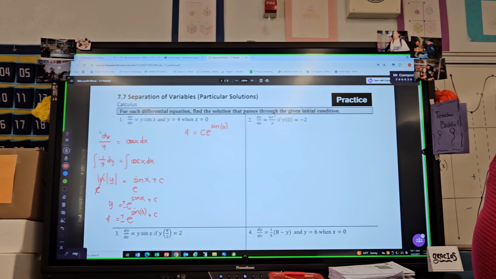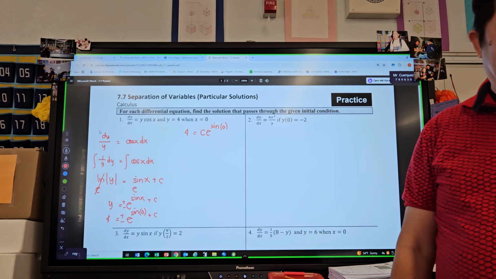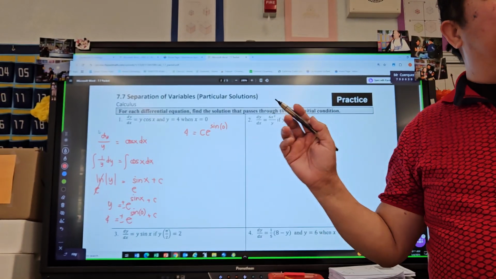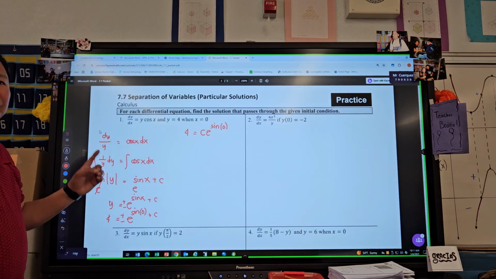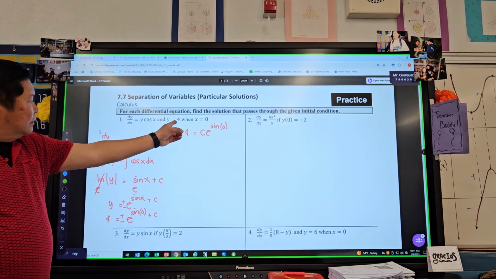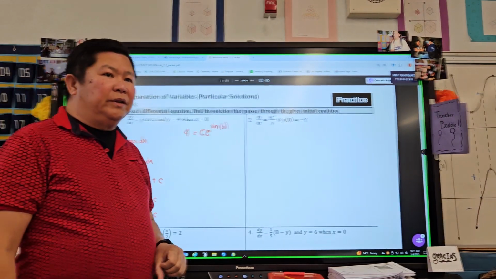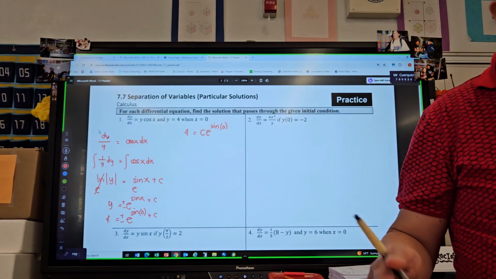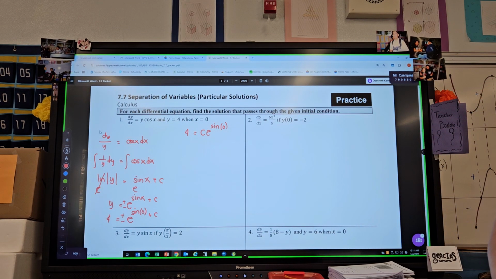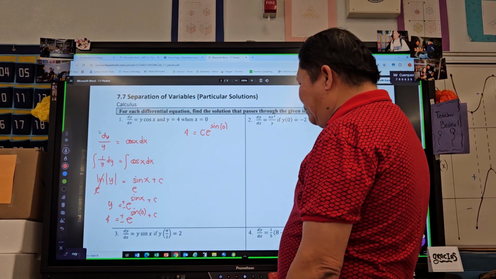So, can you continue? So what do you think is our y right here? Our y is positive, right? Y is positive, so we just have the positive value. So we're gonna solve for C.